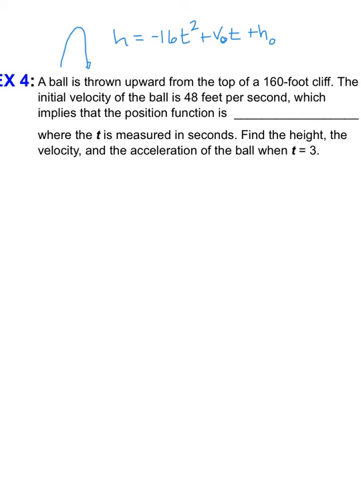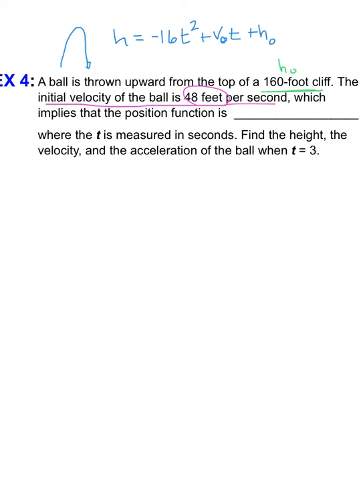So a ball is thrown upward from the top of a 160-foot cliff. So this right here is your h sub o, with the initial velocity of 48 feet per second.